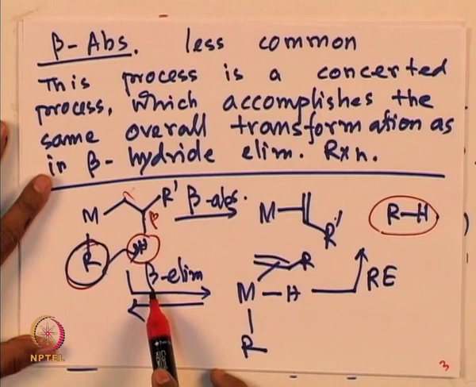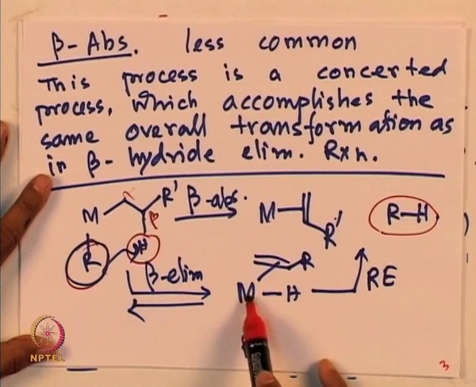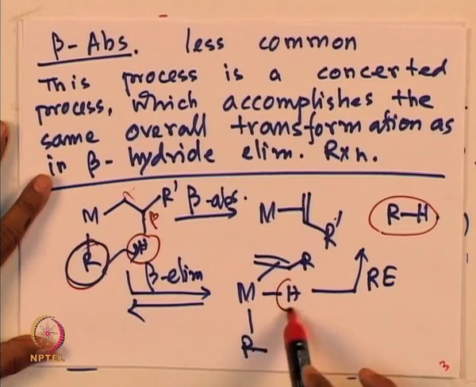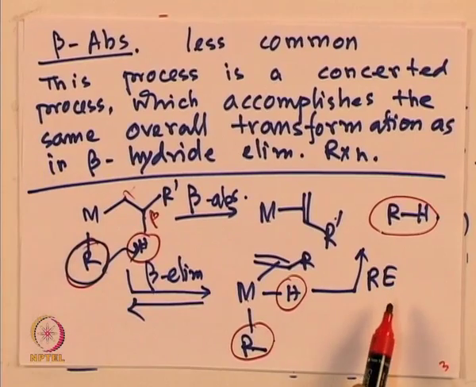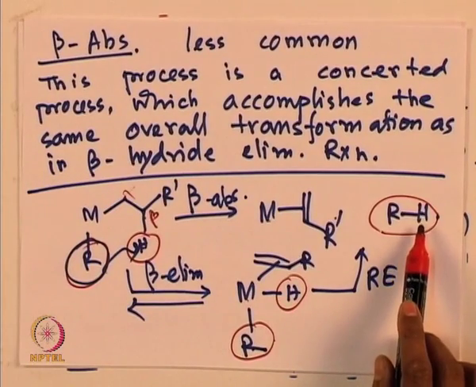Whereas in case of beta elimination, it is going to be a metal hydride along with the metal alkyl intermediate present, and then these two species will undergo reductive elimination to give you the same product.